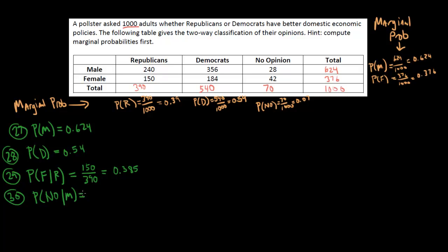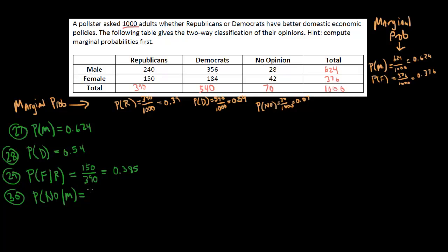If we're going to assume the person is a male, that means that person has to be on this row. Sorry, I keep saying column.